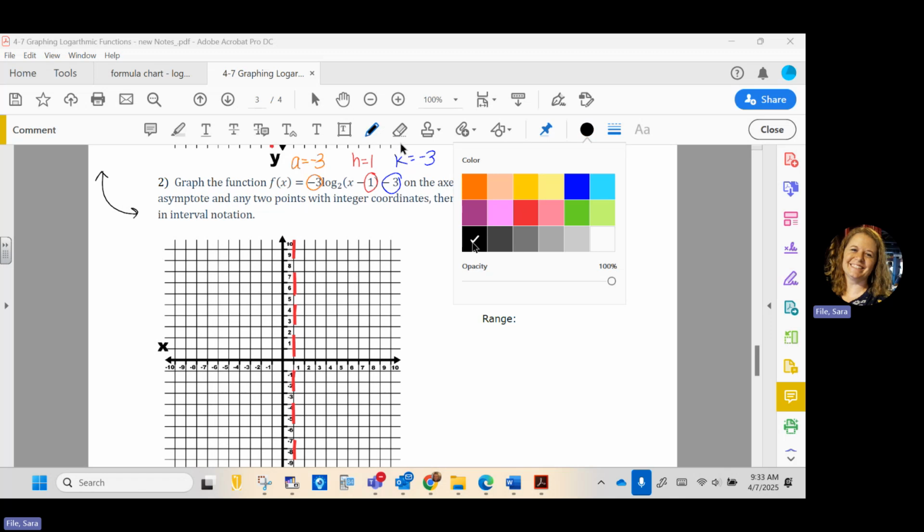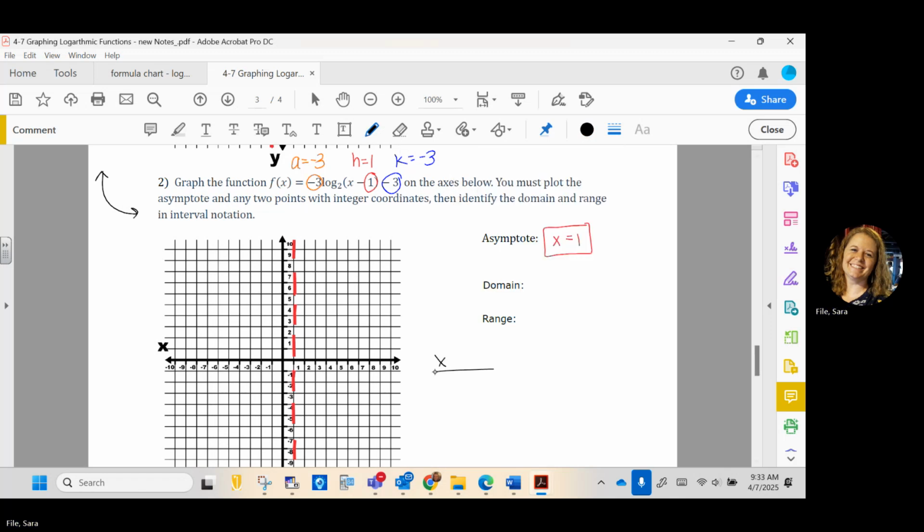Does anybody need a reminder? I'll go ahead and show one, but this is the table, the few points that are integers that will fit on this graph.